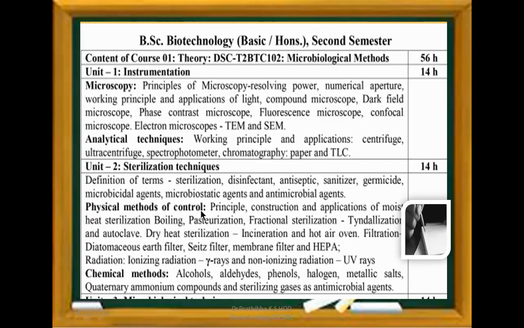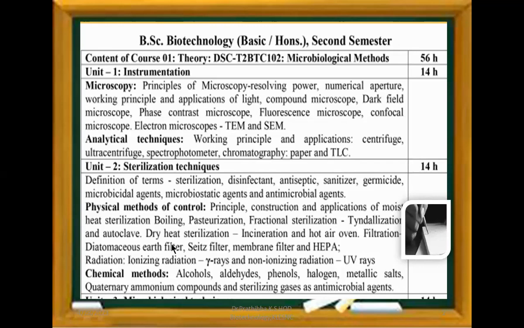Then physical methods of control, like principle, construction and applications of moist heat sterilization like boiling, pasteurization, fractional sterilization, tyndallization, and autoclave. So up to here, all this comes under the physical methods of sterilization.